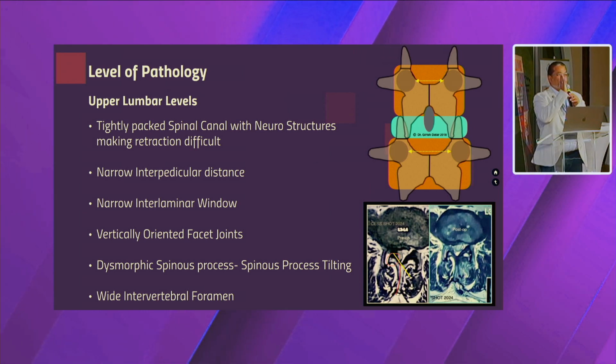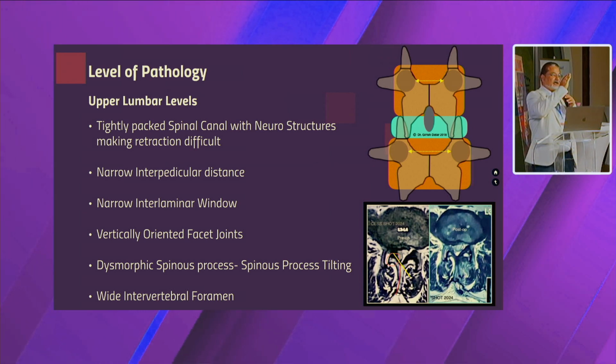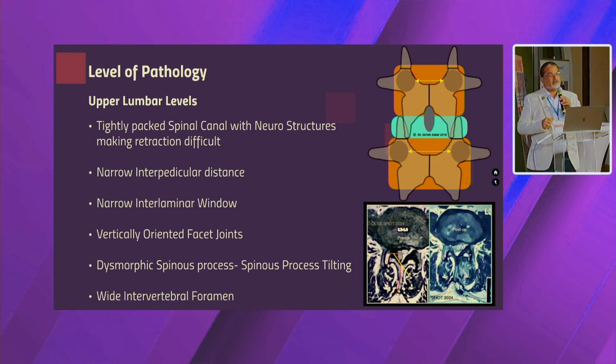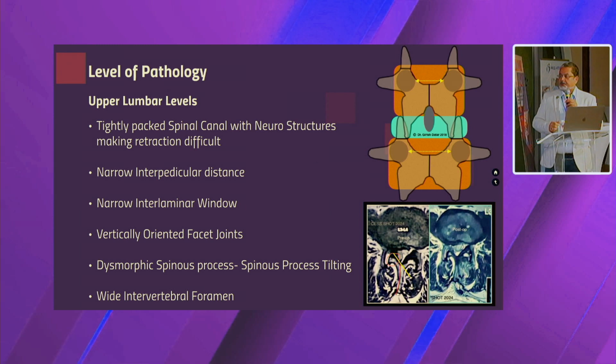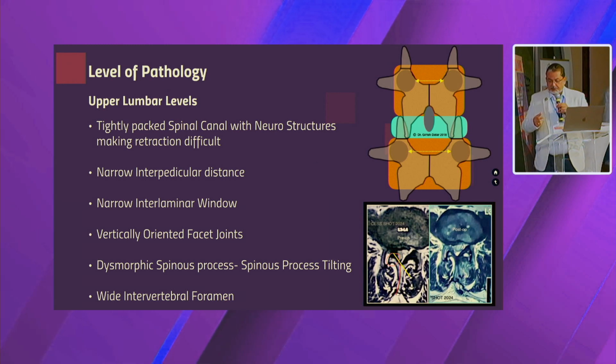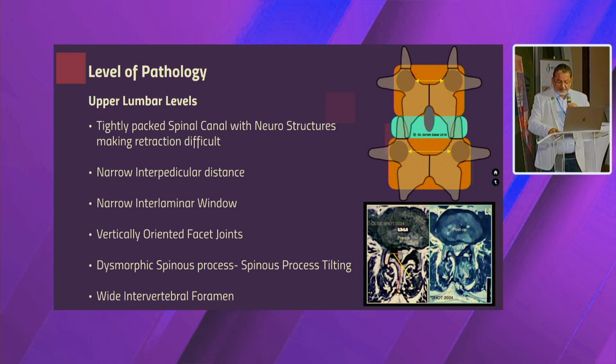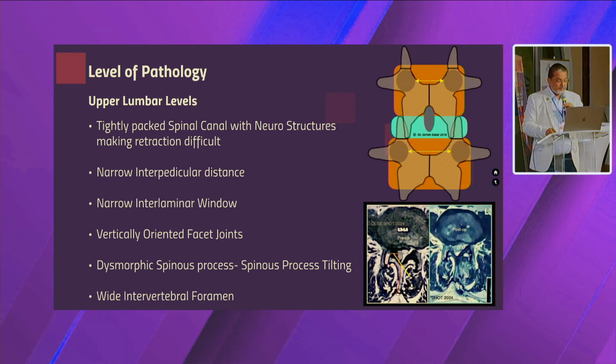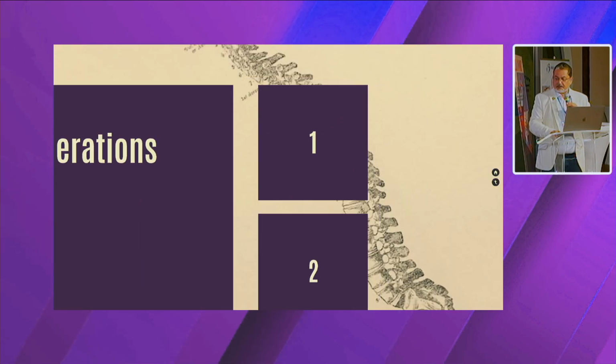You can see the spinous process tilted to one side, especially in degenerative spines, where access to the interlaminar area is again going to be extremely difficult. The advantage of the upper lumbar area is the intervertebral foramen, which is wide. Now I have shown you the dysmorphic spinous process here, which sometimes makes access within the spinal canal difficult.